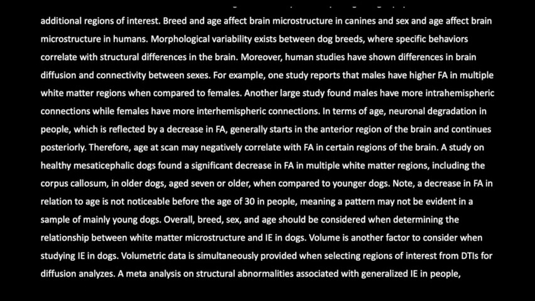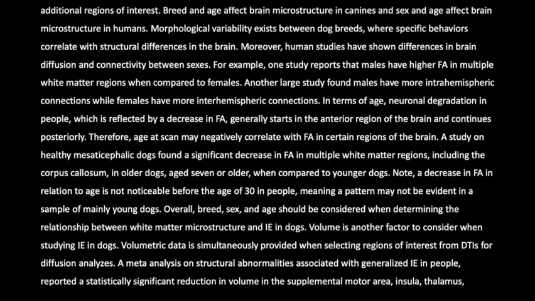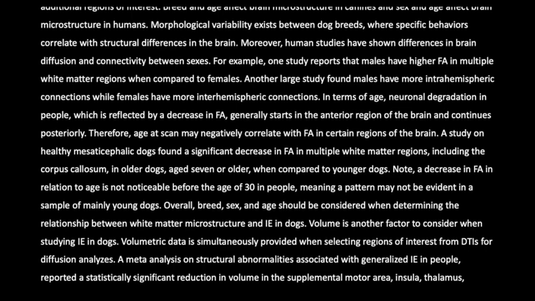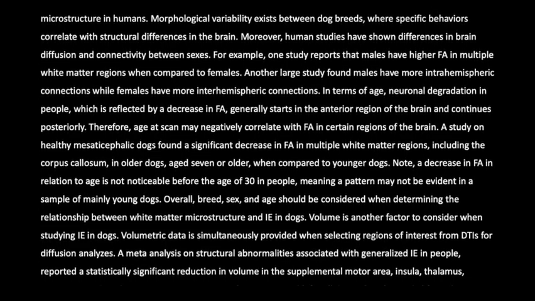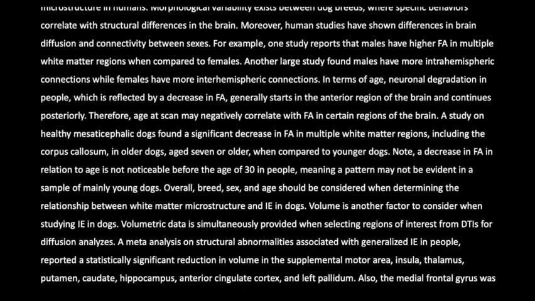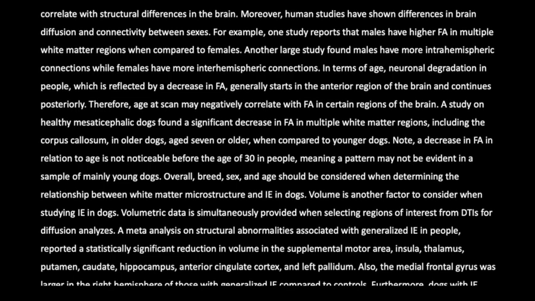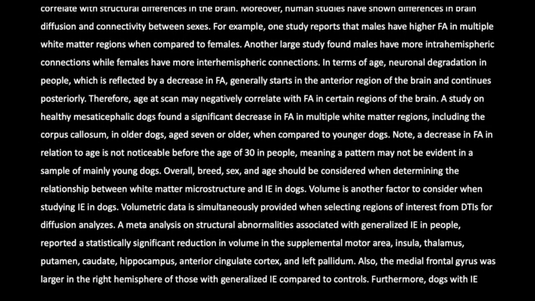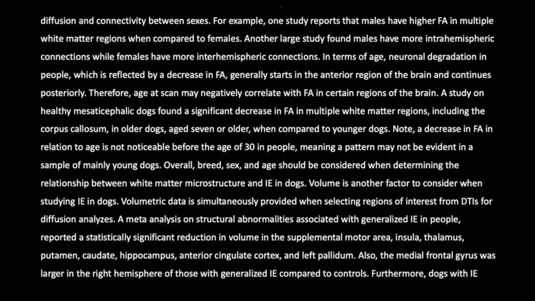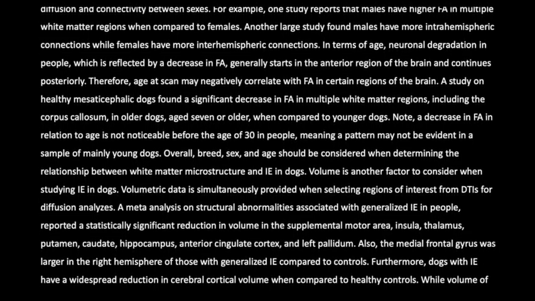In terms of age, neuronal degradation in people, which is reflected by a decrease in FA, generally starts in the anterior region of the brain and continues posteriorly. Therefore, age at scan may negatively correlate with FA in certain regions of the brain. A study on healthy mesaticephalic dogs found a significant decrease in FA in multiple white matter regions, including the corpus callosum, in older dogs, aged 7 or older, when compared to younger dogs.